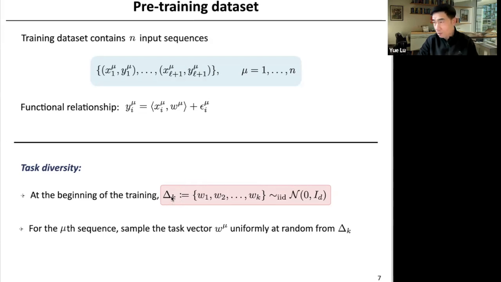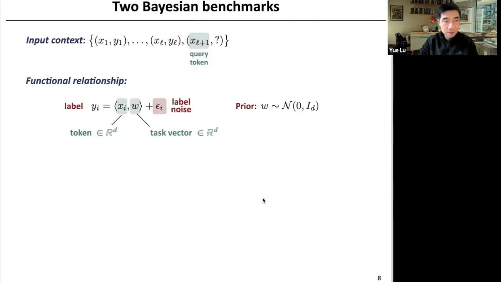And then once this delta k has been sampled, for each input sequence, we sample a particular task vector from this finite set delta of k, uniformly at random. In some sense, you can think of k as a measure of how diverse the task vectors are. k going to infinity will be the optimal case, but we're going to consider the case where k is large but finite.